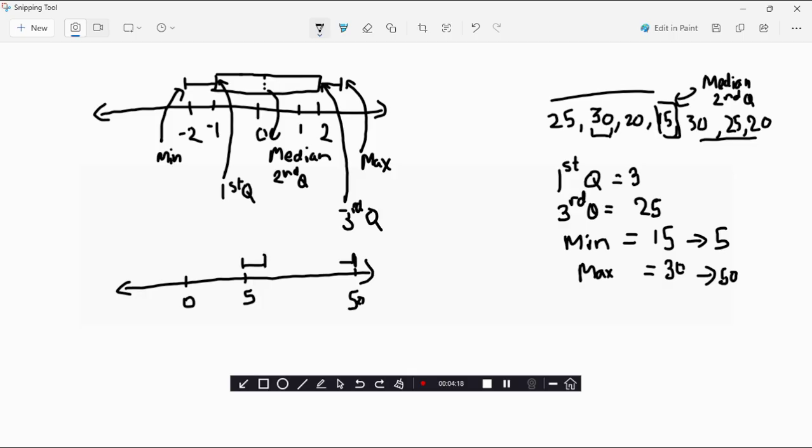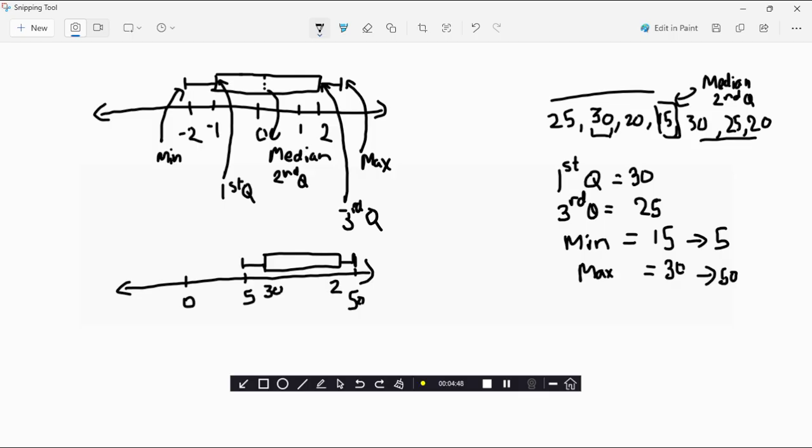The starting point of the box will be your first quarter, so let's say the first quarter is over here, 30. And your third quarter is 25.